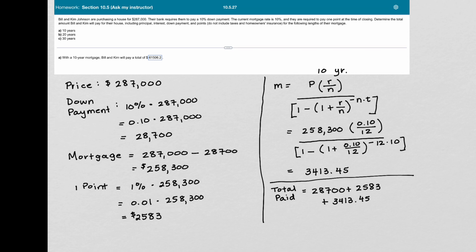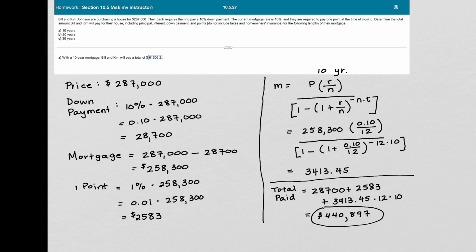But because that's a monthly payment, that happens 12 times a year for 10 years. So we take that monthly payment times 12 times 10. And when I total this up, I get $440,897. So that's our answer for part A.